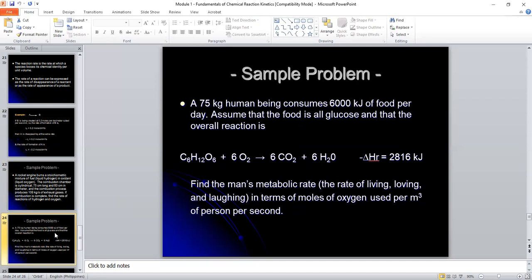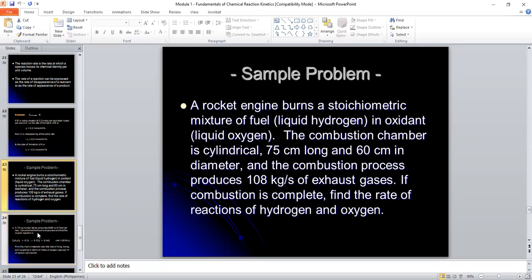For your activity this afternoon, you will have to read this portion in Levenspiel and study the solution of these two, because I will not anymore go into explanation. Even in face-to-face scenarios, I don't explain this anymore. I let the students study, and next week, when we see each other, you can raise concerns regarding what you have read in here.